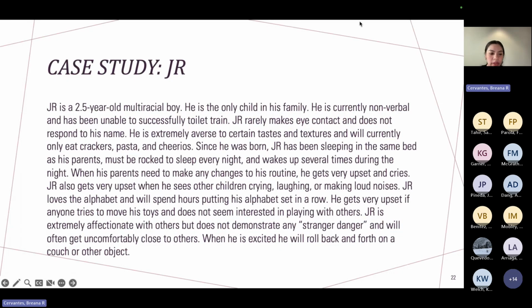Let's start with social communication and interaction. What are we seeing in the first few sentences that communicates to us whether or not there's something looking a little bit different?